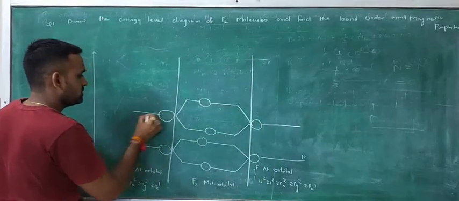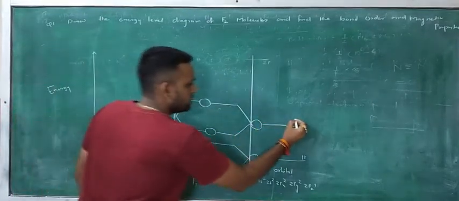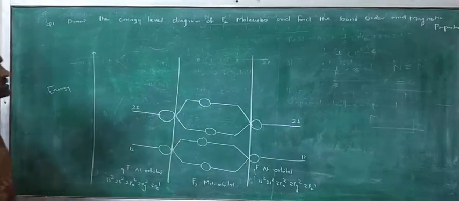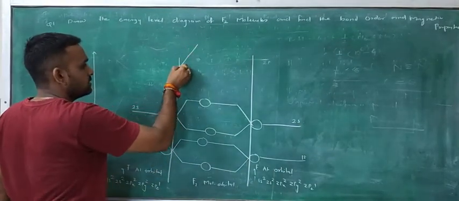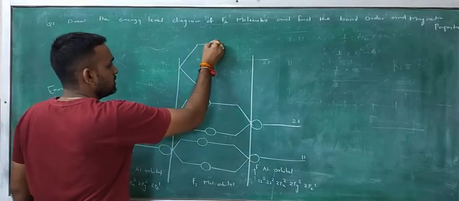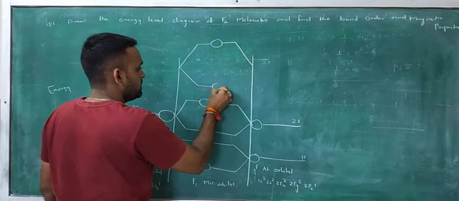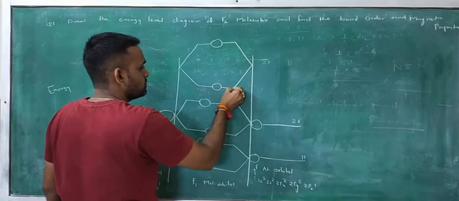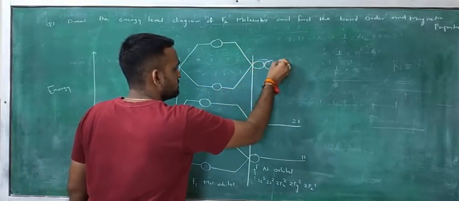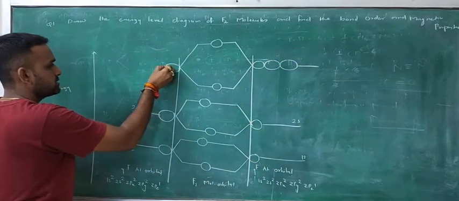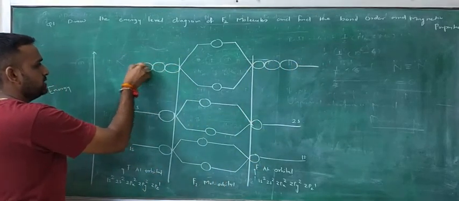Here also 2s, here also 2s, and now it gives sigma 2pz. In the same way sigma 2pz, with x, y, z here and x, y and z here.